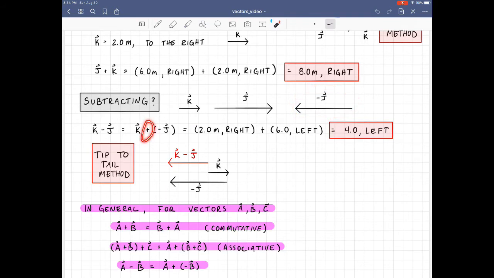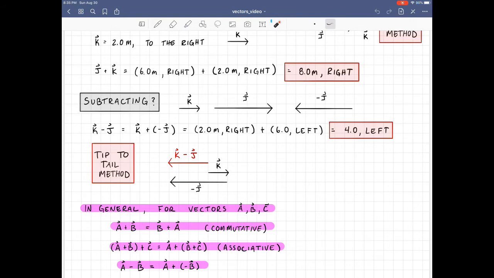Well, we already know how to add vectors. We just use the tip-to-tail method. And so here I've got k, and then at the tip of k, I place minus j, and then I connect where I started with where I ended up and make an arrow out of that, k minus j. So here is k minus j.